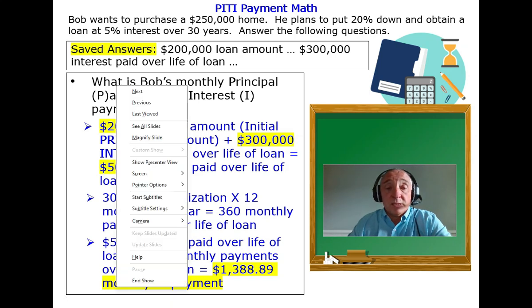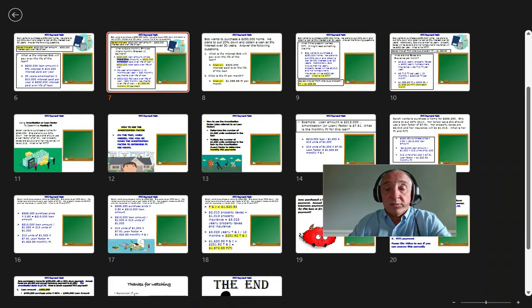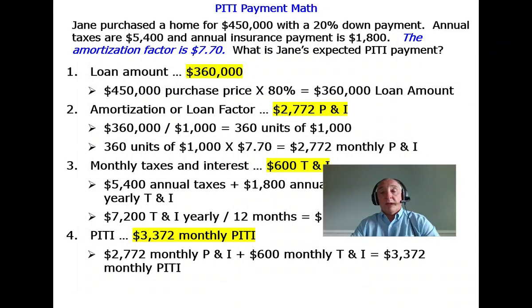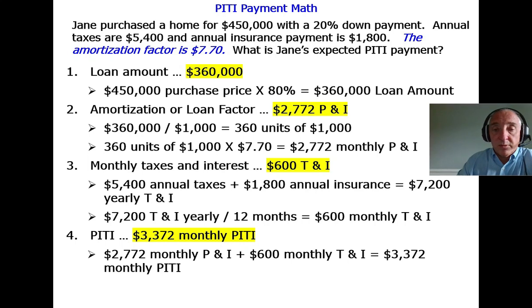All right, let's go back to our handy dandy see all slides, and we'll come back down here. If we got all these right here, you look at this, we could figure out exactly how much. There's the loan amount at $360,000.